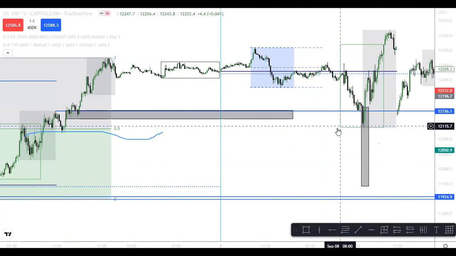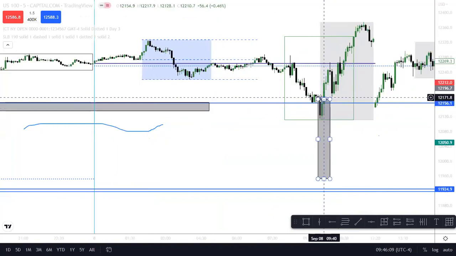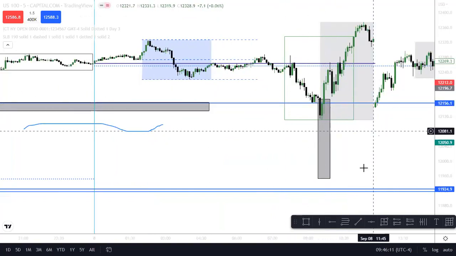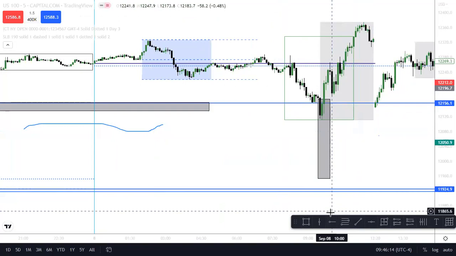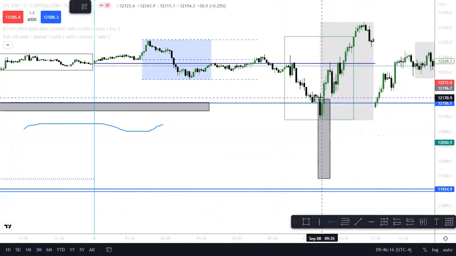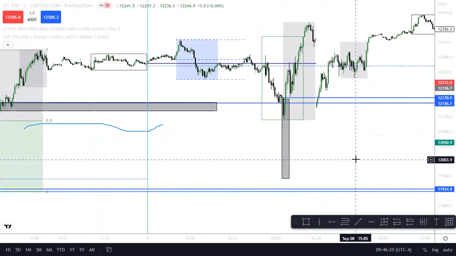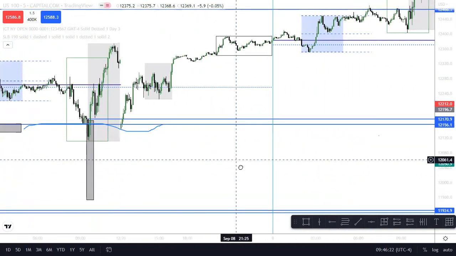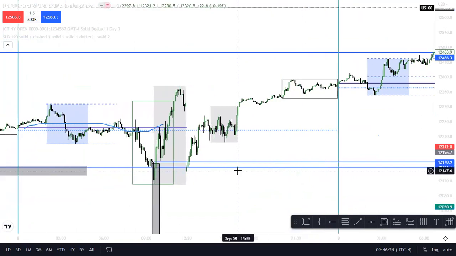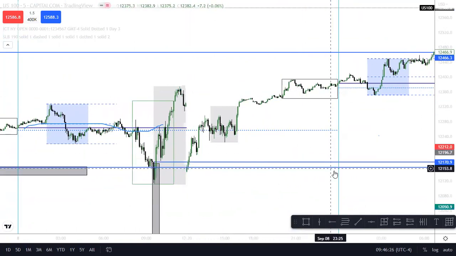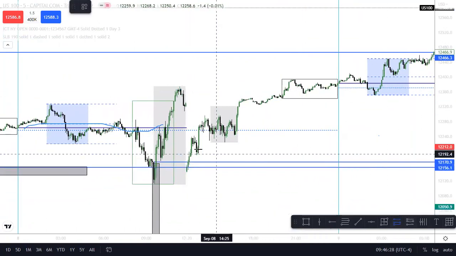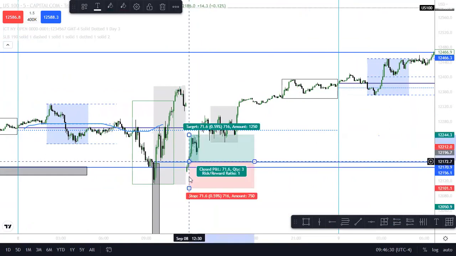There's my down candle. Boom. That opening price right there, fair value for buying. When the market comes back, I'm willing to go long. There it is. Long here, targeting that high. Game over.